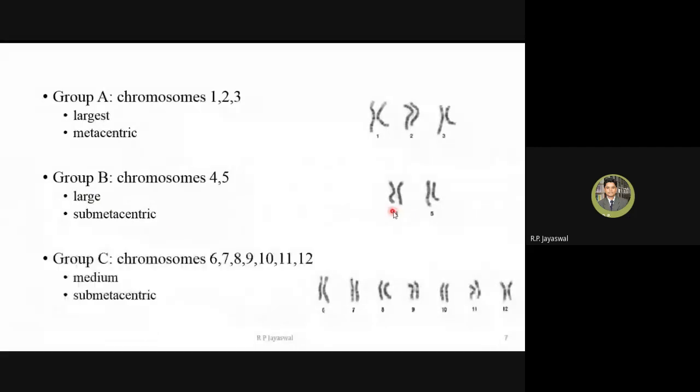Group C includes chromosomes 6 to 12, so 6, 7, 8, 9, 10, 11, 12. All these are grouped into group C, and the size is medium, and again submetacentric.